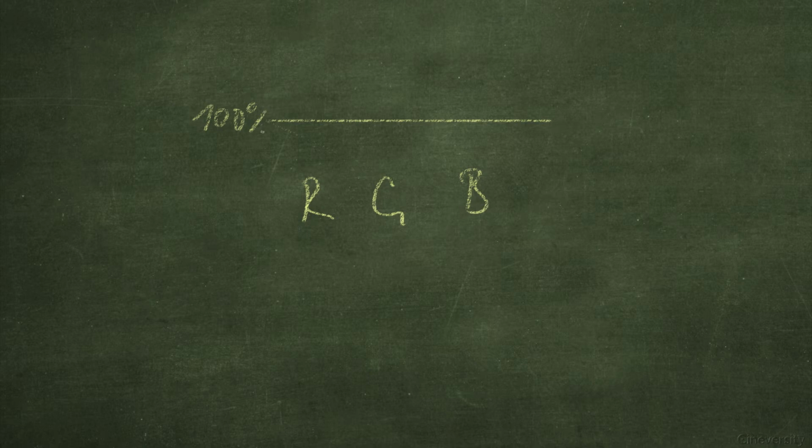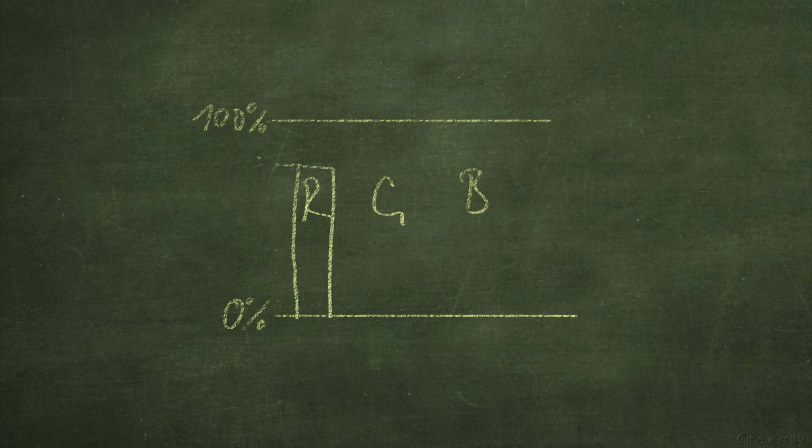Just a little hint to the start why we use in R, G, and B most of the time linear formats or just formats that can contain everything beyond 100%. When this here would be our 100% limit or border, and here we would have our 0%, so we have the range of our 8 or 16-bit integer formats normally, and we would say maybe we have here a red value of roughly around 80%, and maybe the green would be in this range, and the blue one would be here.